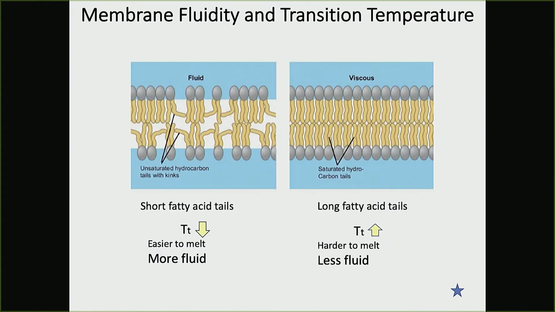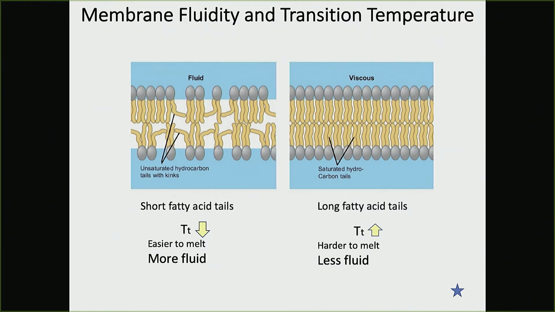Here is another view of what we just talked about, reinforcing the idea that short fatty acid tails are easier to melt and are more fluid. If you have a particular tissue where you need a huge amount of material exchange, you need a more fluid-like environment so that all the proteins there can move.